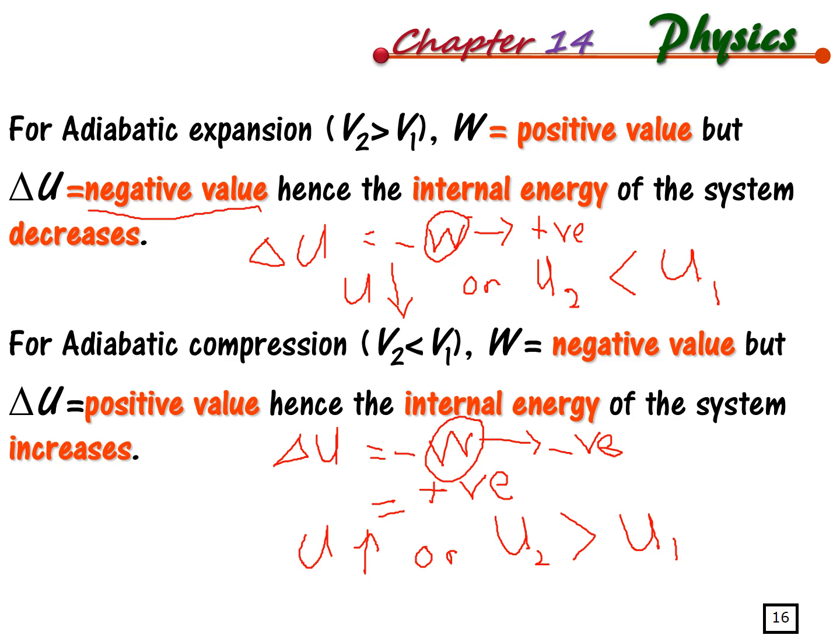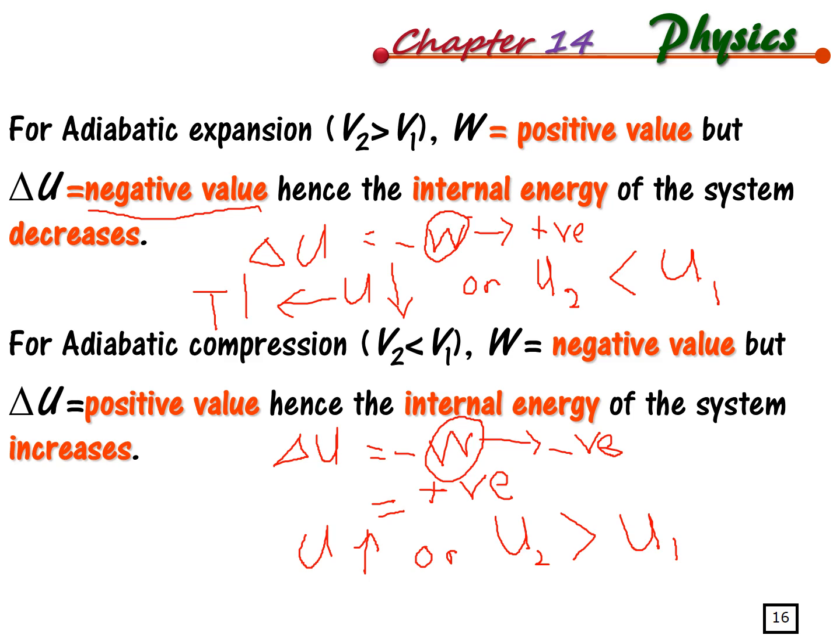As the conclusion for these adiabatic changes, whether it's expansion or compression, the work done will change the temperature of the body. For example, in the case of expansion, U is decreased, therefore the temperature of the system will decrease.